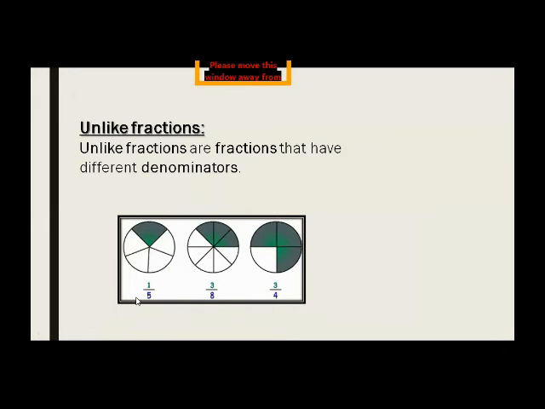So now just see the denominator. Here is 5, here is 8, here is 4. Means all are different. So we call it unlike fractions. In unlike fractions, denominators are different, and in like fractions, denominators are same.